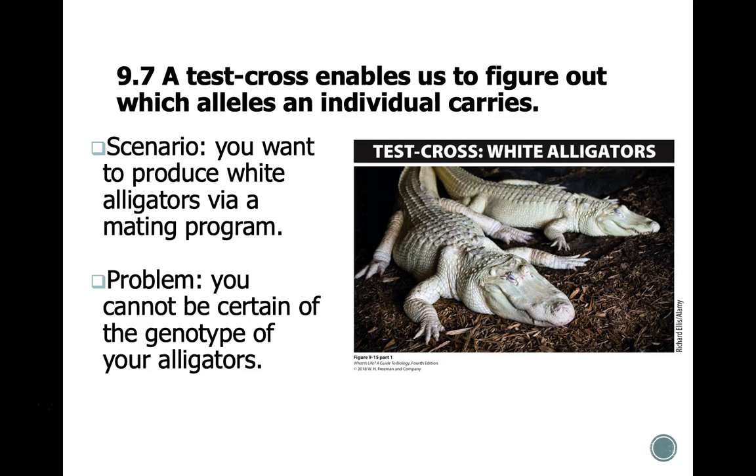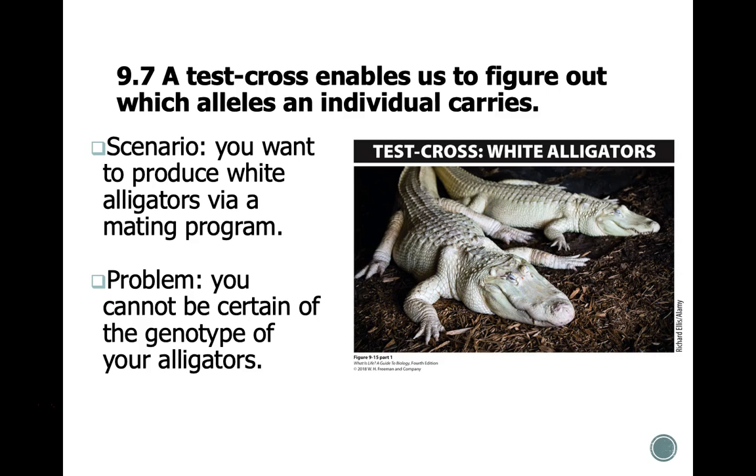So let's say that you're in charge of alligators at the zoo. Some of your alligators come from a population that is known to occasionally produce albino alligators. Now, none of your current alligators are white, but because white alligators are really popular, you want to increase zoo visitors, and so you want to produce some albino alligators from a controlled mating program.